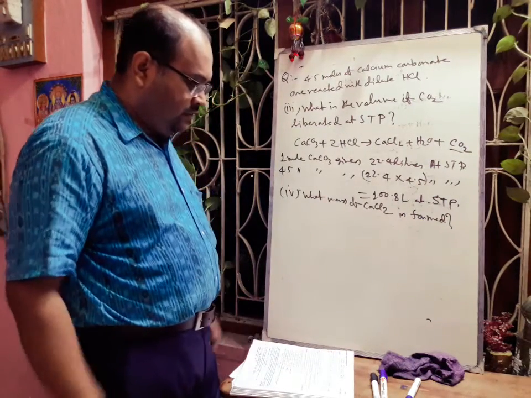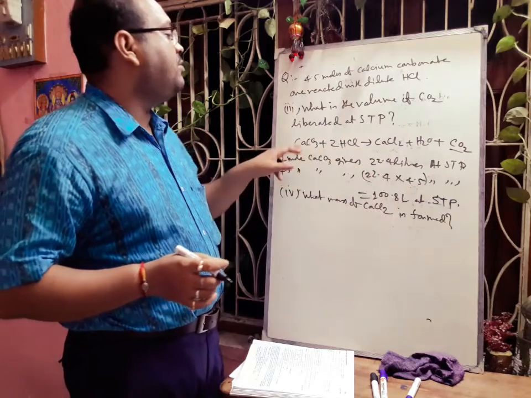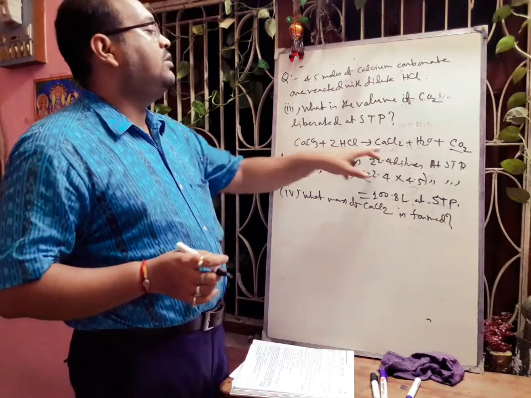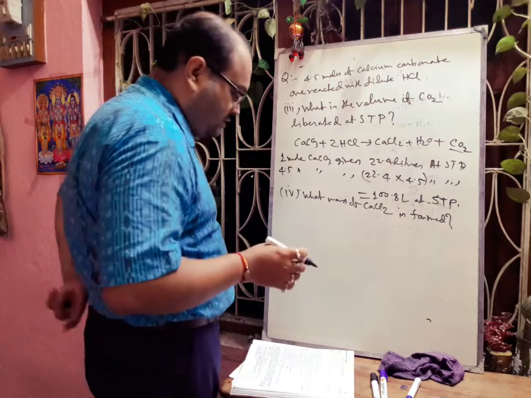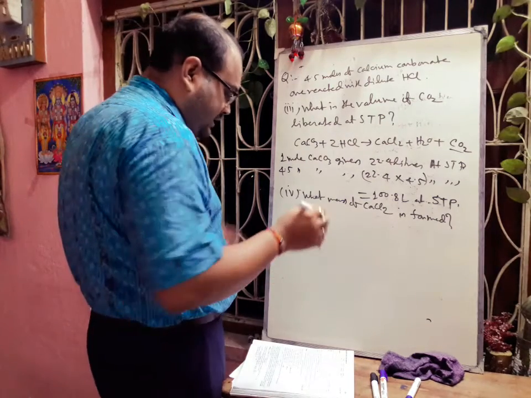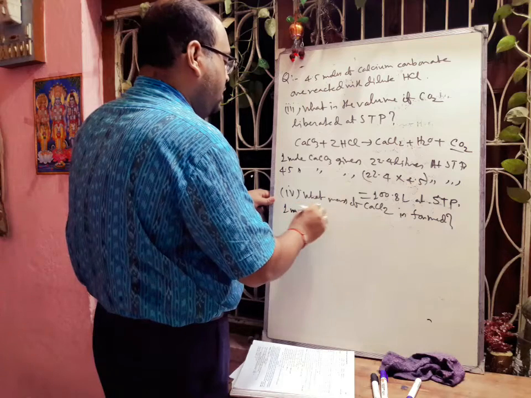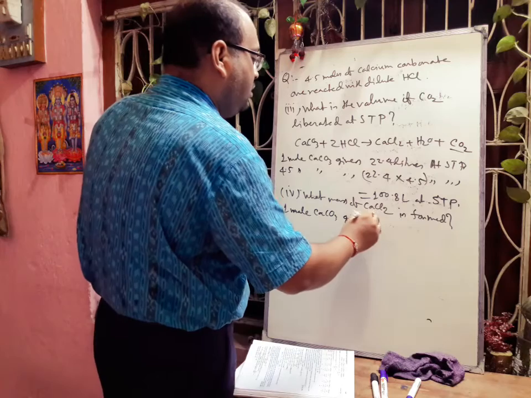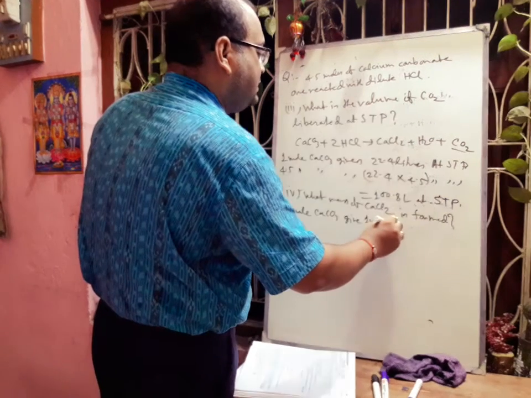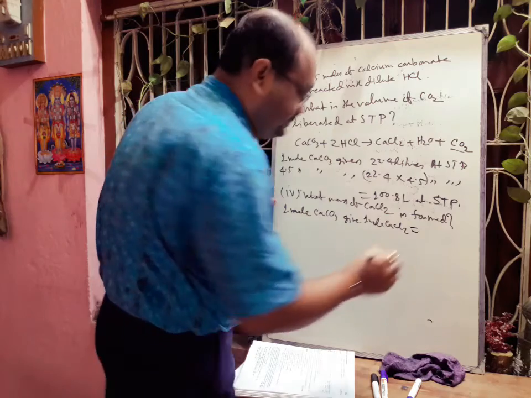So here we have to calculate. From this equation we can understand from 1 mole calcium carbonate, 1 mole calcium chloride is formed. So if we calculate the mass of calcium chloride, then 1 mole calcium carbonate gives 1 mole calcium chloride, that will be equal to 111 gram.